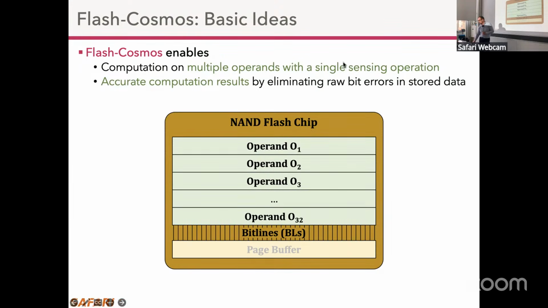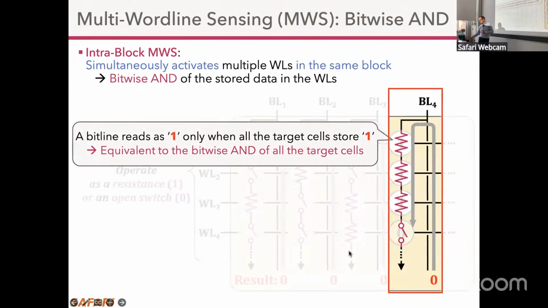In DRAM, we don't have that luxury, because in flash, when you sense the data, you use some read reference voltages, and you can change the read reference voltage, read the data again, and keep doing this multiple times. Whereas in DRAM, you don't have that luxury. So the idea is basically similar: concurrently activating multiple rows enables simultaneous sensing of the bits, and you get a bitwise AND function.